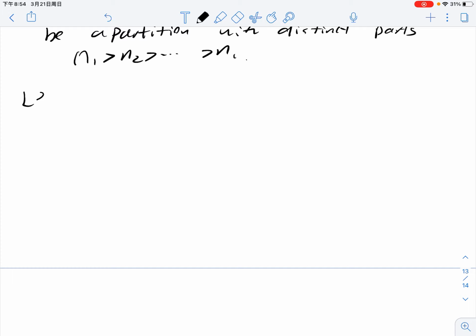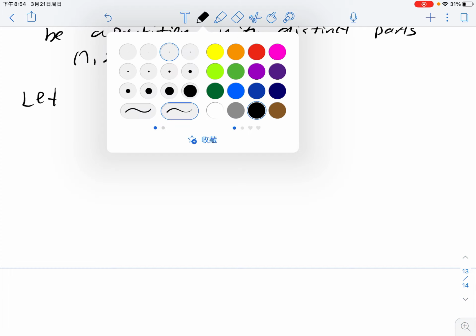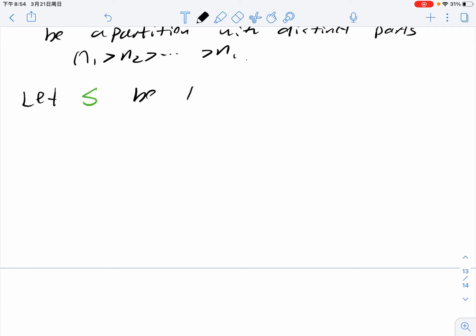And let s, so s is a very important invariant. Let s be the largest integer such that n1 is ns plus s minus 1.